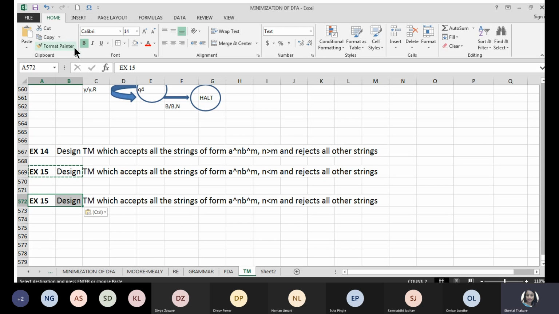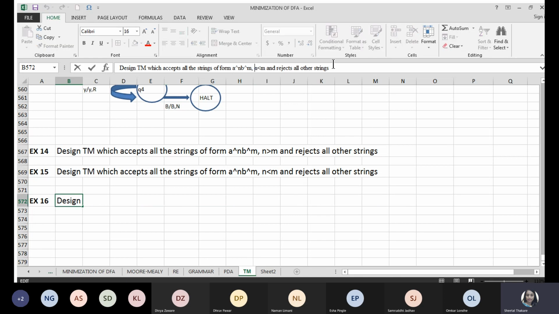Finally, you should know that the next variation 16, design Turing machine which accepts all the strings of the form a raised to n, b raised to m. It's asked.